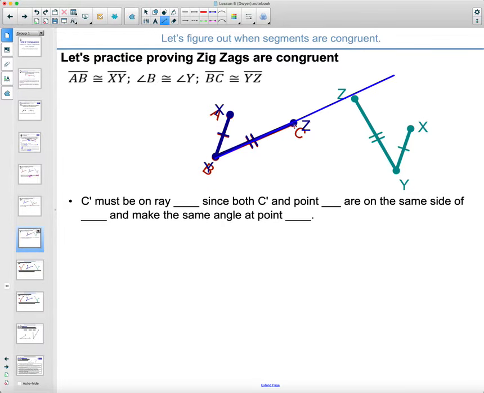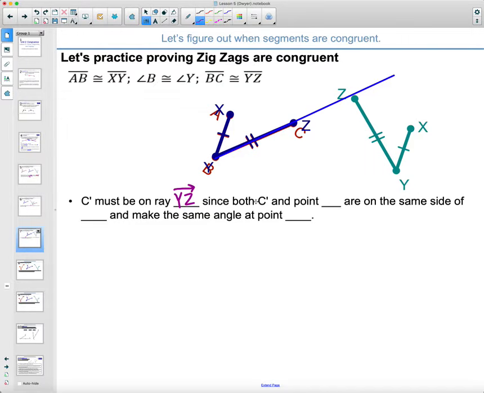We're trying to prove that C lands on Z. What we do know is that C is somewhere on this ray. Ray means the extended segment. It's somewhere on ray YZ. It's somewhere on here for sure.